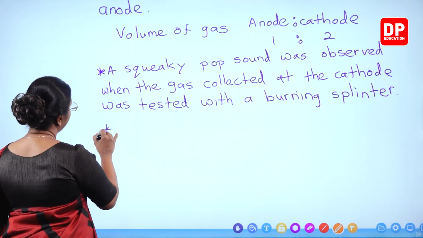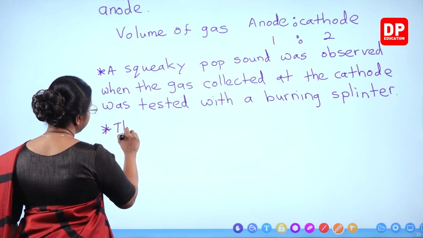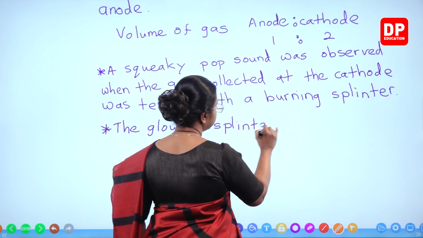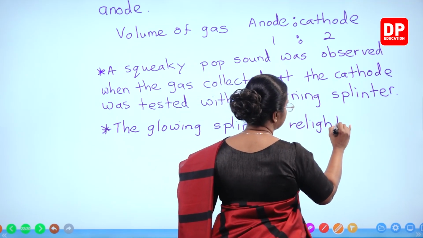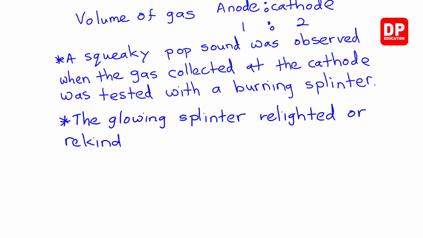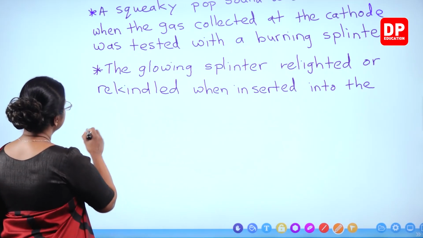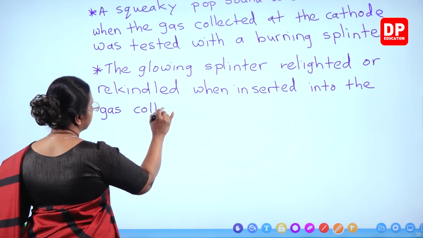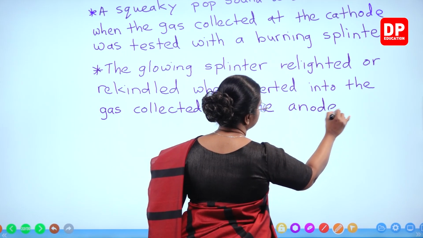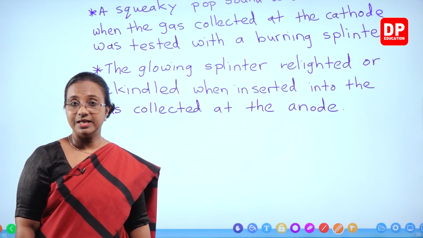The next observation: the glowing splinter relighted, or you can say rekindled, when inserted into the gas collected at the anode. You can use either one of the words. So that was the other observation you all were able to see.